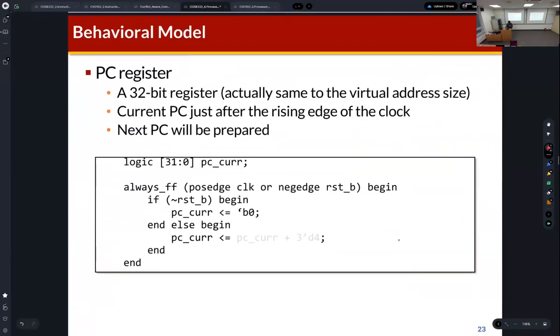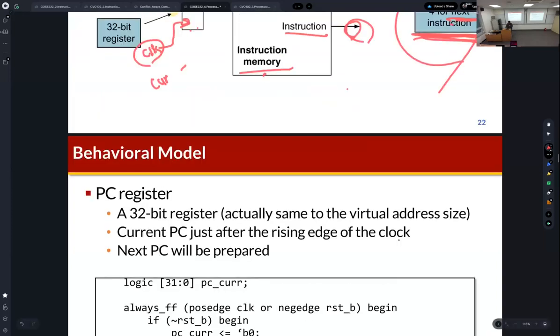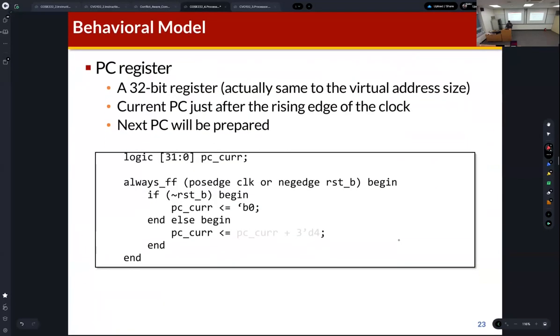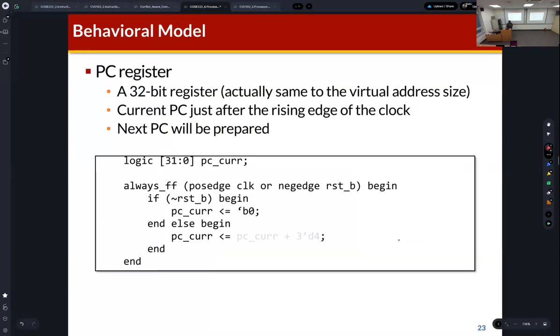Okay, and then let's see the behavioral model. This model implements the SystemVerilog code for this design. This slide shows the part of code that implements the program counter register.